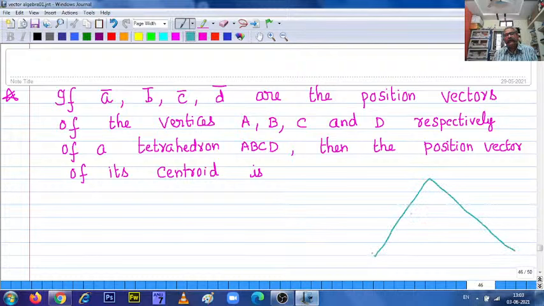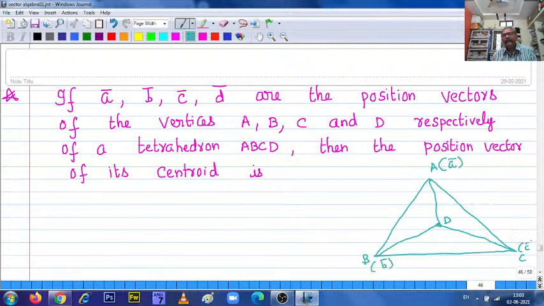Take a tetrahedron. This is called tetrahedron, just like prism type. Vertex A, vertex B, vertex C, this is vertex D. Position vectors A bar, B bar, C bar, D bar. Then the centroid may be like this, G bar. With O as the arbitrary point, origin, it is A bar plus B bar plus C bar plus D bar upon 4.